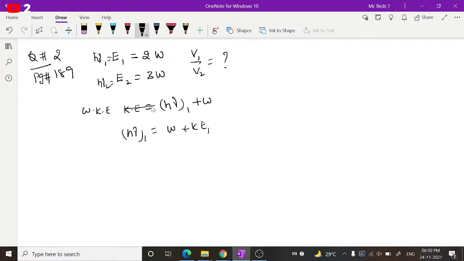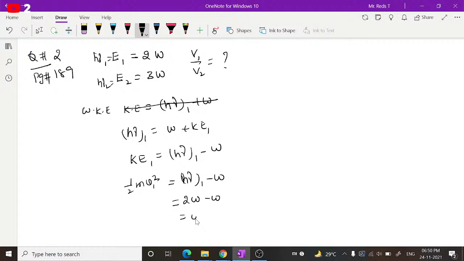Work function on the same metal is constant. So the kinetic energy of the electron emitted due to the first photon is h nu one minus W. This K1 is half m v1 square, equal to h nu one minus W. For the first one it is 2W, so 2W minus W is W. So half m v1 square is W.